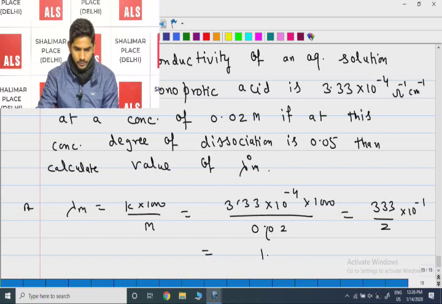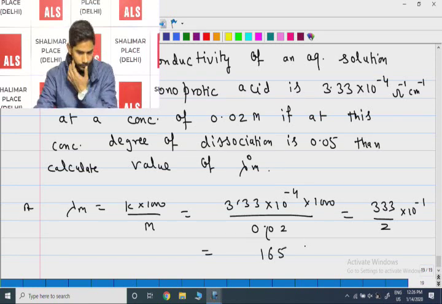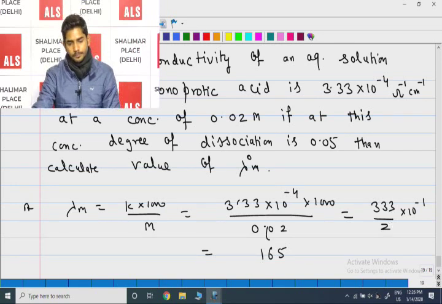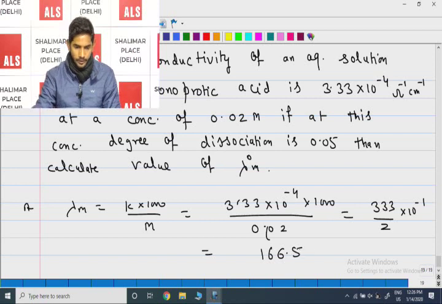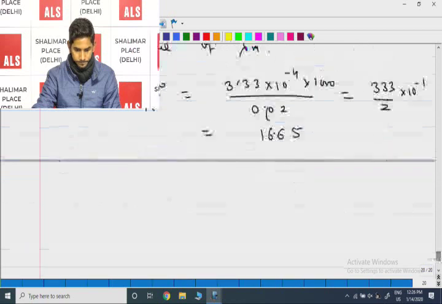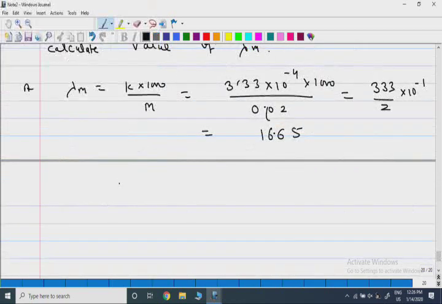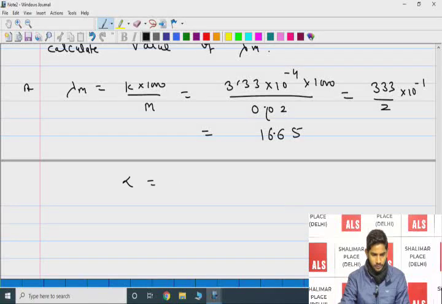And this is 16.65. Okay, then we have alpha equals lambda m upon lambda naught m.